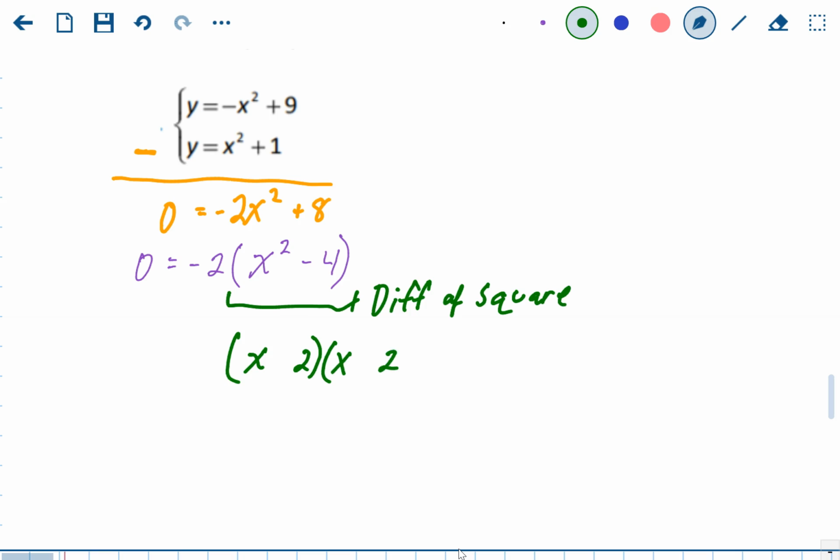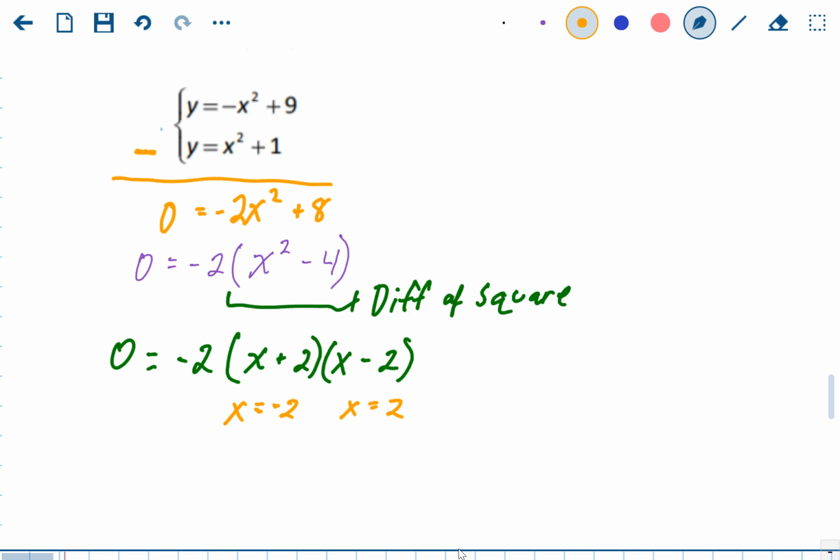One's plus and one's minus. Don't forget the -2 out front. All right, so now it's factored. Now we solve for x using the zero product property. Our answers, we've done this a million times, are -2 and +2.